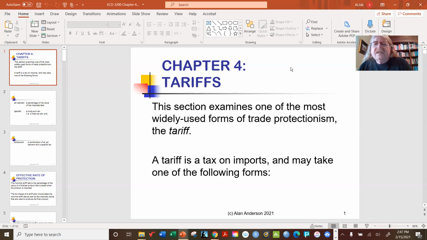But the reason why they continue to exist is because the benefits are usually concentrated in a handful of people or businesses, and the costs are usually spread out over a very large number of consumers who may not even be aware that this is taking place. So in other words, if let's say the domestic liquor producers get together and they petition Congress for tariffs on imported liquor, then they're more likely to get a hearing from the Congress.